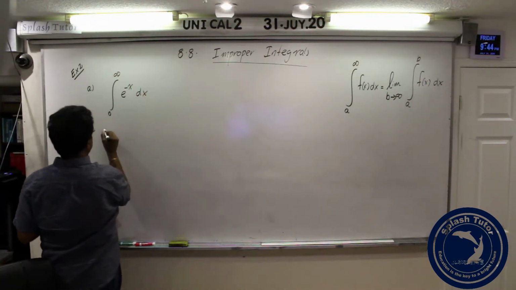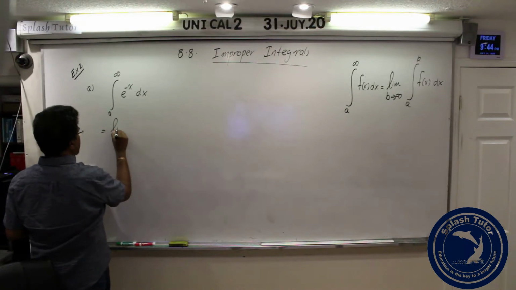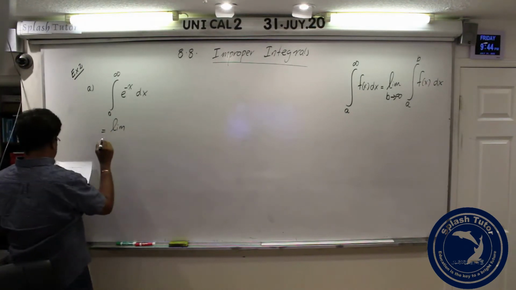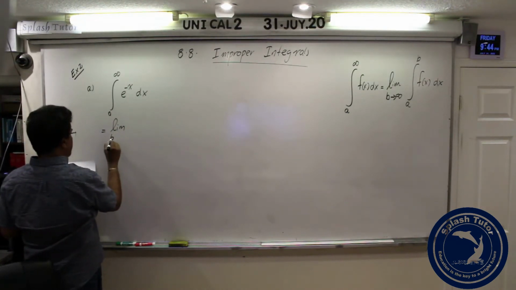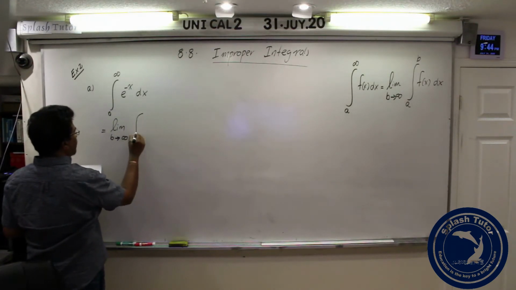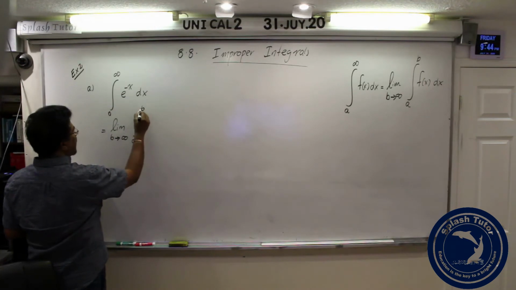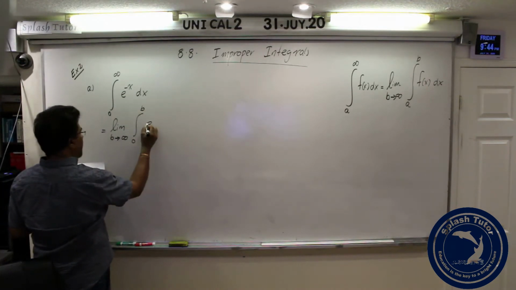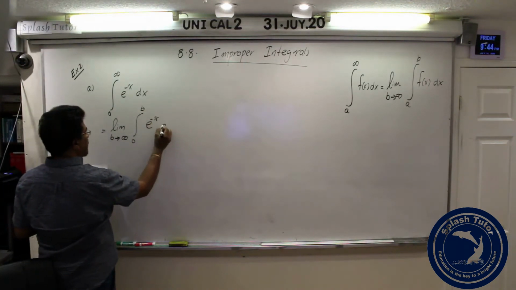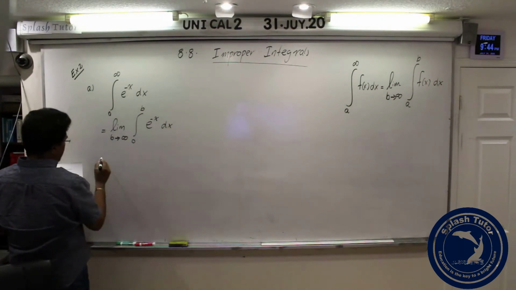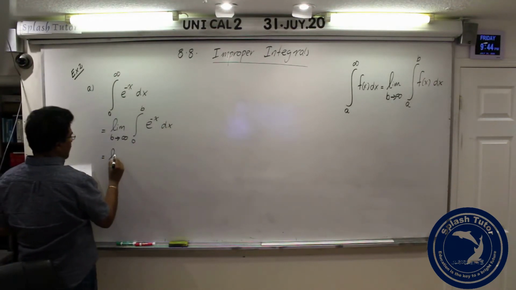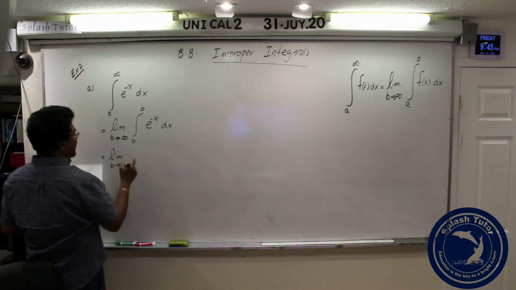That is equal to the limit, so b goes to infinity, that is the integral from 0 to b of e to the power minus x dx. That is the limit as b goes to infinity.